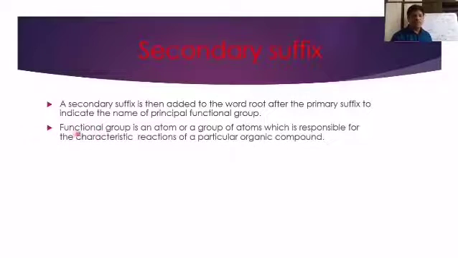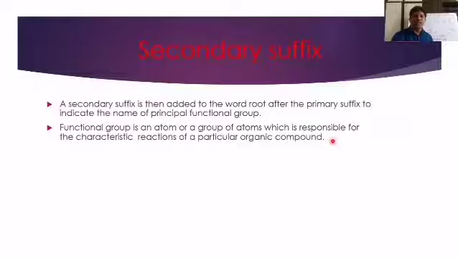And a functional group is an atom or group of atoms which is responsible for the characteristic reactions of a particular organic compound. For a particular organic compound, the characteristic organic reactions will be shown by what? A functional group. The functional group itself will decide the chemical behavior or chemical properties of an organic compound.